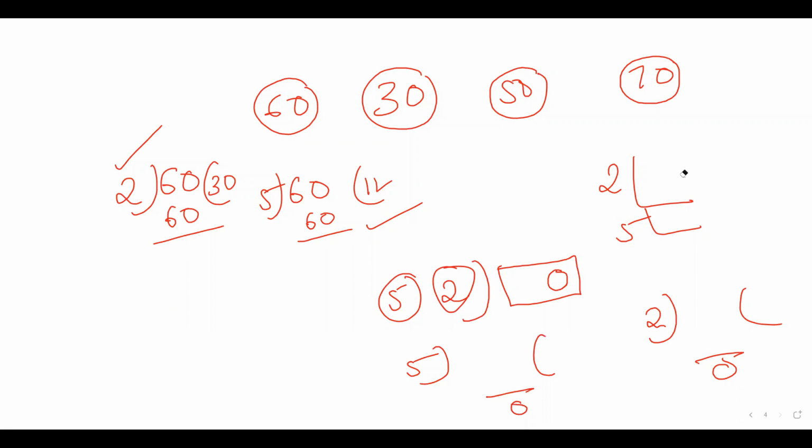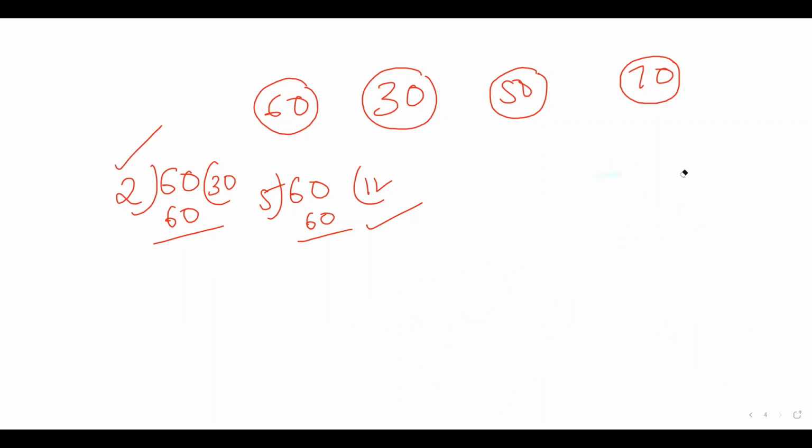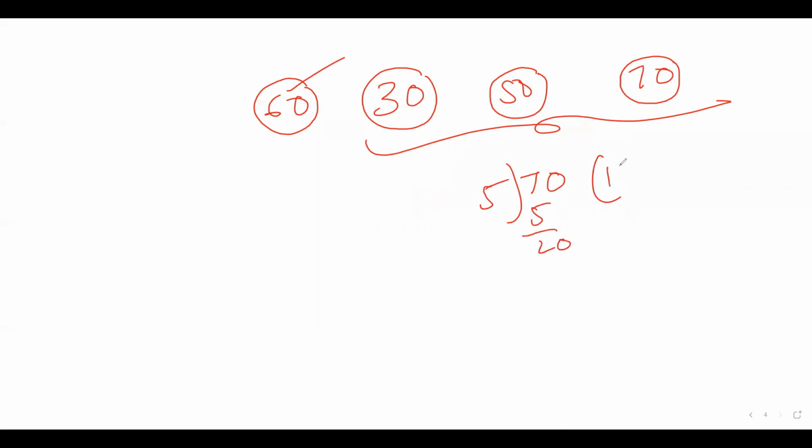Let us take one of the numbers which is ending with 0 and try to divide with 2 and 5. Which number should I take? I have already taken 60. Tell any one of these numbers. Sir, 50. 70? Yes, sir. Okay, then let me check. 5 ones are 5, 5 fours are 20.